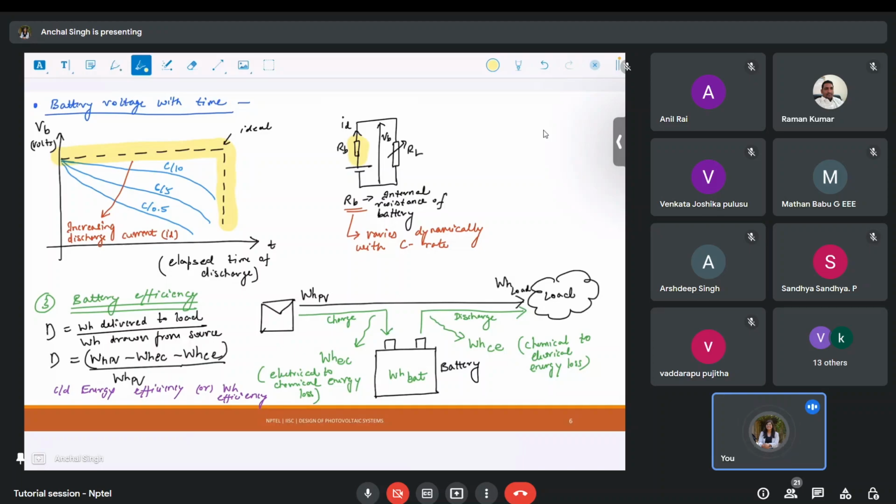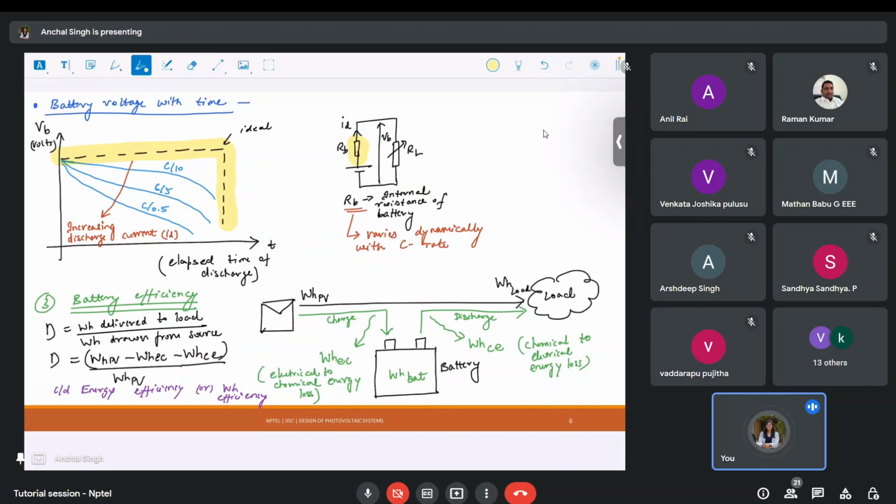So even in a battery, the lead connectors that connect the terminals to the electrodes inside the battery have certain resistance. That is what we call the internal resistance of that battery. Now, that internal resistance of any battery dynamically changes with a lot of parameters. And one of the parameters it changes with is the C rate of the battery.